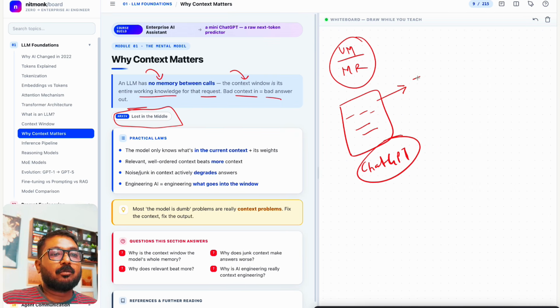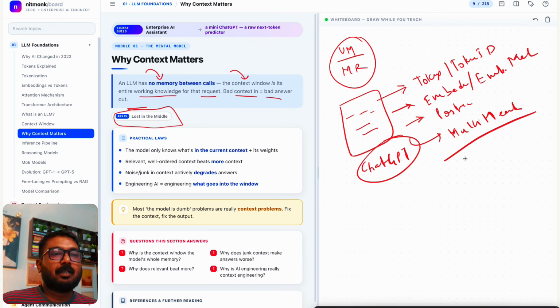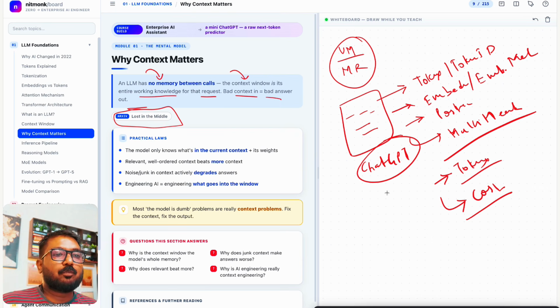It will build the tokens, the token IDs, the embeddings, the embedding matrix, right? It will try to understand the positions, and do the multi-head attention. All these things it will do, and those are the tokens they count, and for those tokens they will charge you, correct? And once you send it to them, you keep on asking questions.